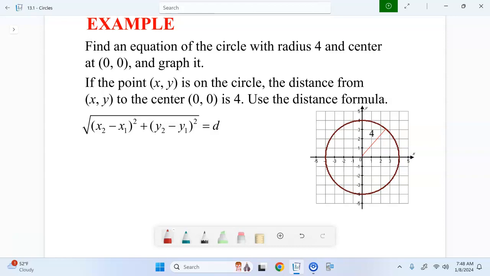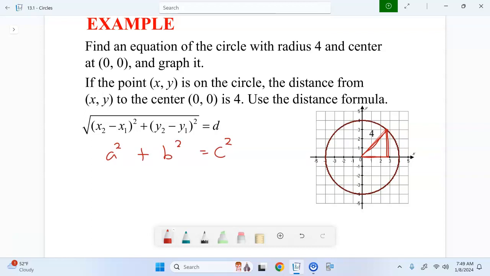If we draw a line from the center to the edge of a circle to form the radius, and then draw a vertical line and a horizontal line connecting it back to the center, we get a triangle. And so that radius is found by using the Pythagorean theorem, a squared plus b squared equals c squared, c being that distance or that radius.